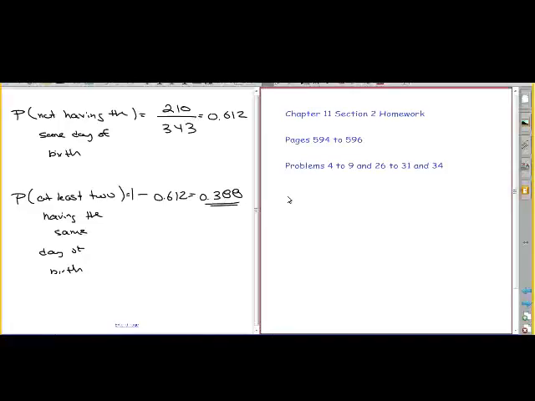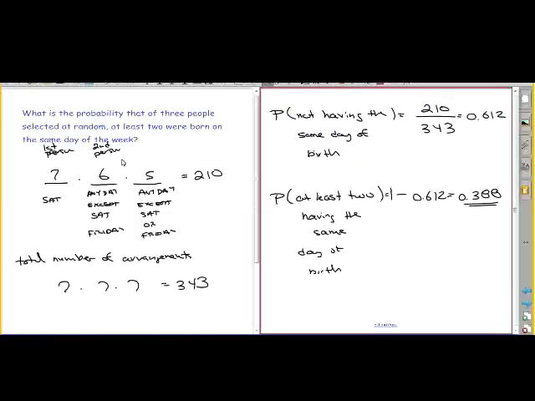So the next section is going to be about what's called conditional probability. Up to this point, for example, in this particular example, the number of choices that I had, both the denominator and the numerator, was independent of what choice I made before.